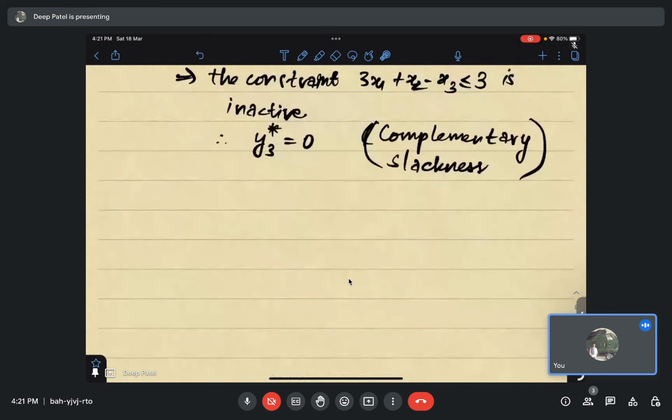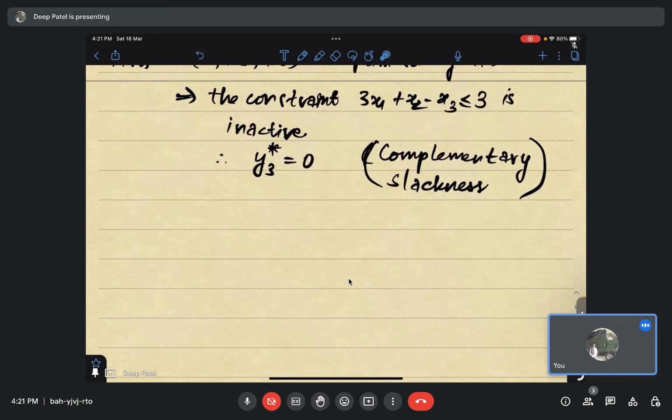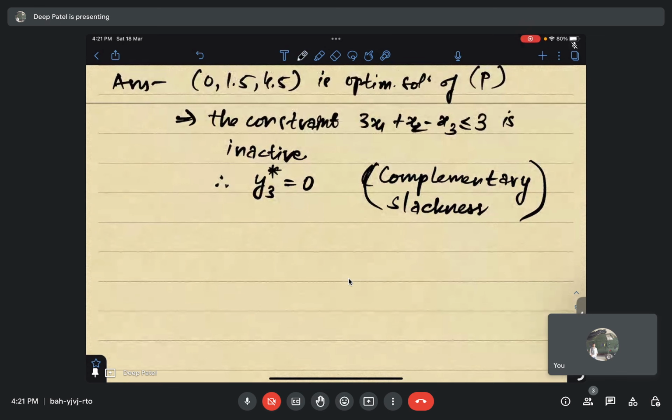Can you help me out with the way you solved it? Can you tell me some of the steps? I just wrote down the complementary slackness equations.